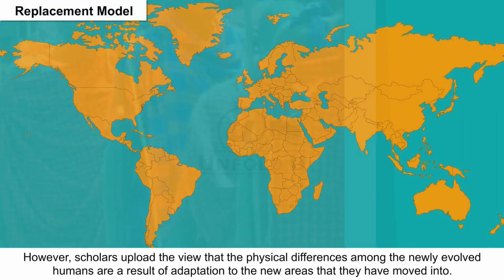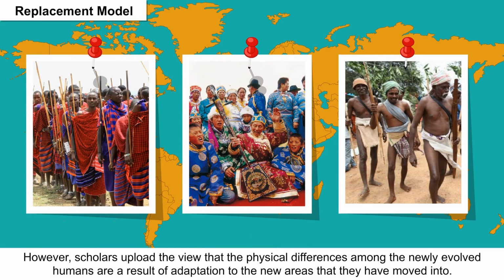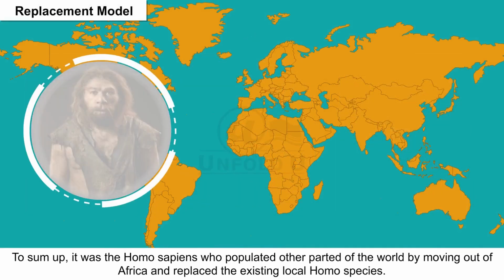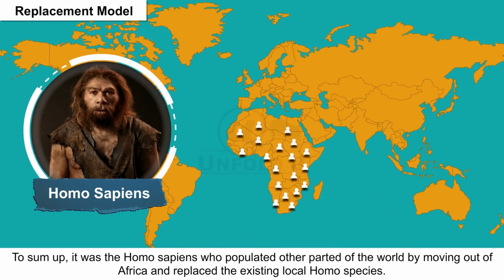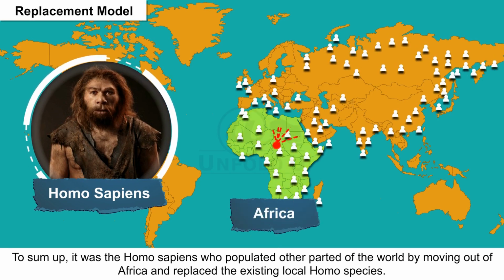However, scholars uphold the view that the physical differences among the newly evolved humans are a result of adaptation to the new areas that they have moved into. To sum up, it was the Homo sapiens who populated other parts of the world by moving out of Africa and replaced the existing local populations.